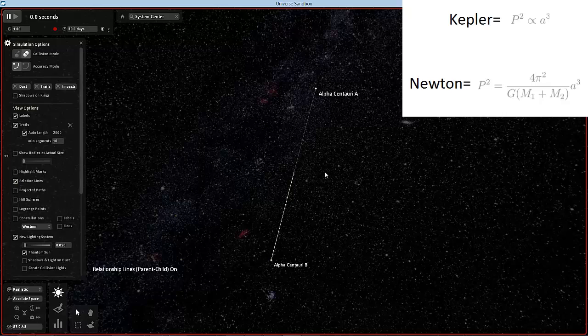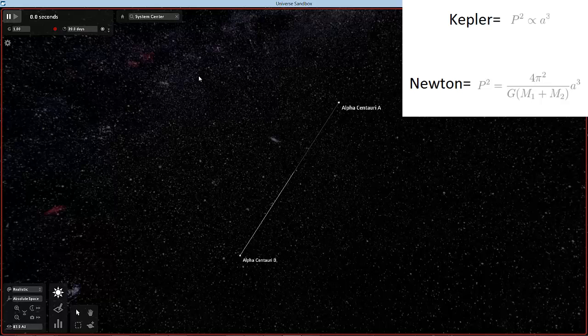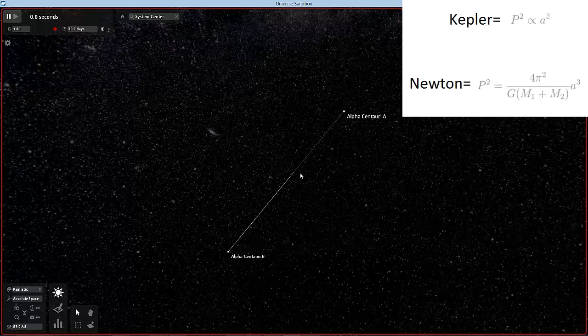Let's turn on the relevant line, and as you see here, this is why it's important, because they don't have a sun, they don't have something in the middle that they're orbiting. They're orbiting a center point with nothing there.